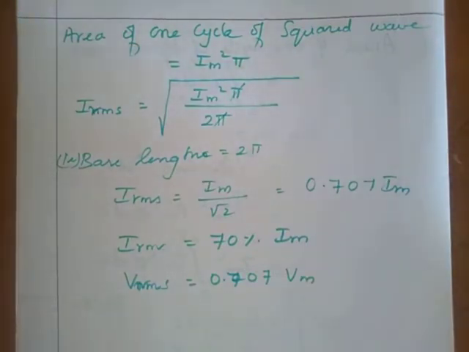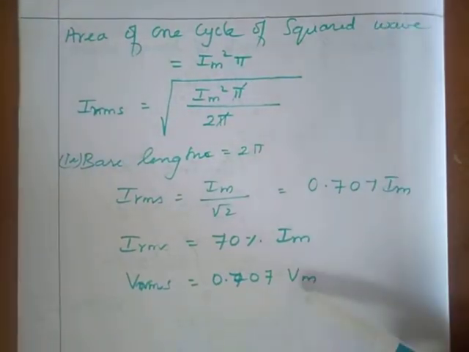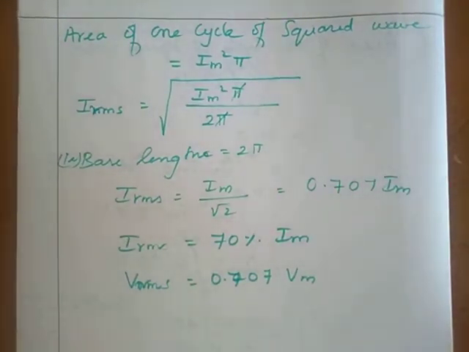If you want to check the voltage in your home with a multimeter, you are checking only the RMS value, not the peak value. The voltmeter or multimeter can read a value like 230 or 220 volt; that is the RMS value, not a peak value.